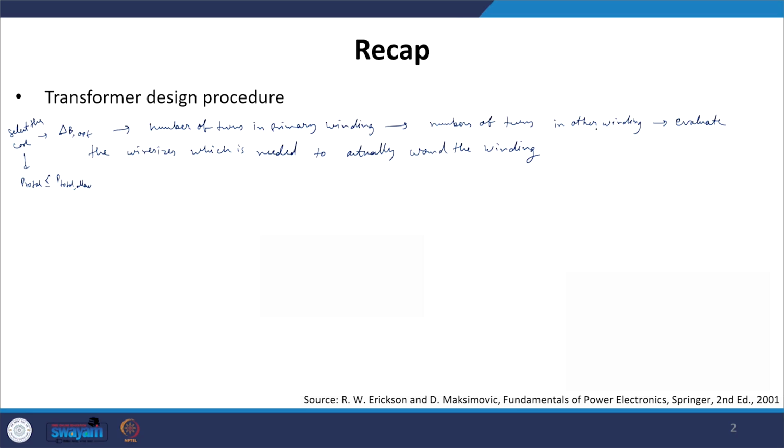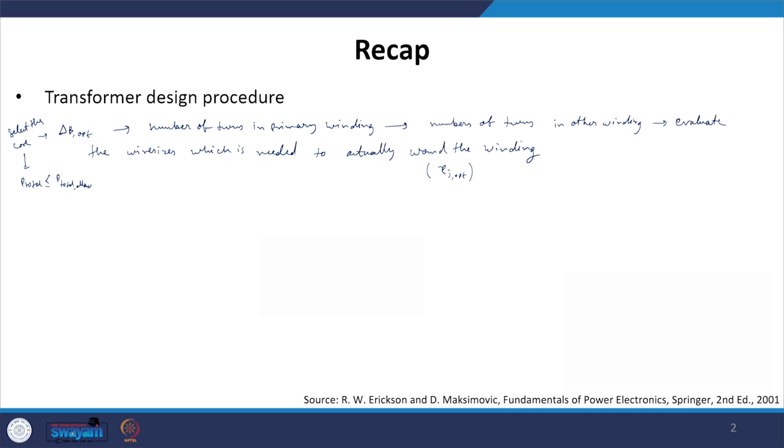From there, using the turns ratio obtained from the specification, we can define the number of turns in the other windings. Once we know that, we can evaluate the wire sizes needed to wind the winding, and that we obtain from the gamma j optimum value, that means the optimum value of the fraction of the area allotted to each individual winding, obtained from the optimization such that the total copper losses in the transformer are at their minimum.